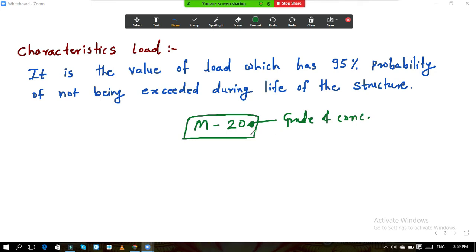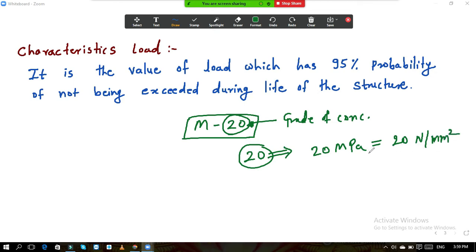What does it exactly mean? What does this 20 mean? It is nothing but a strength of 20 MPa, that is 20 Newton per mm square. So it says that for 1 mm square area, the strength is 20 Newton.